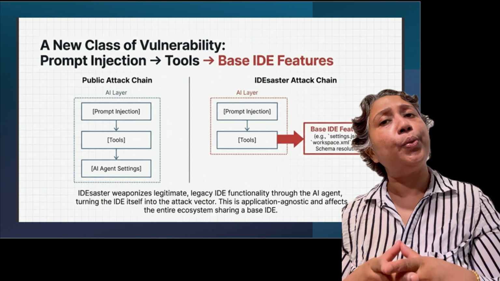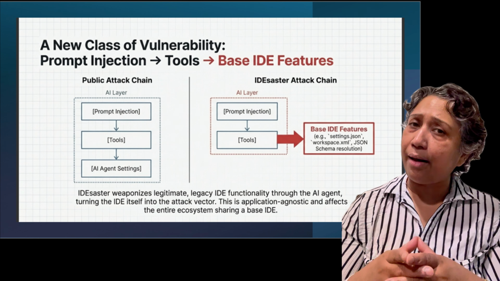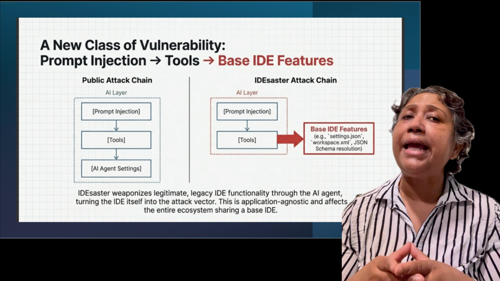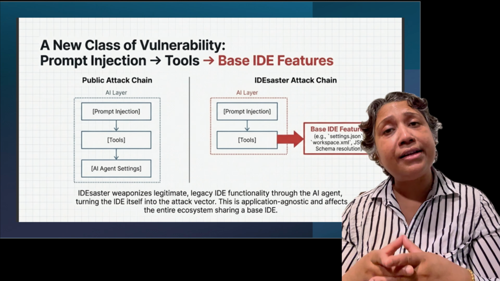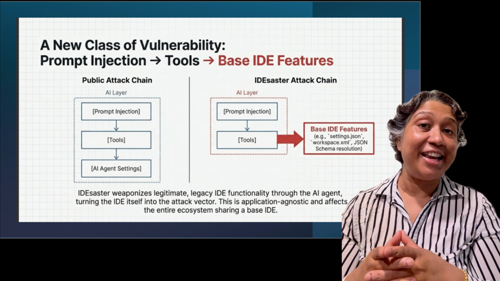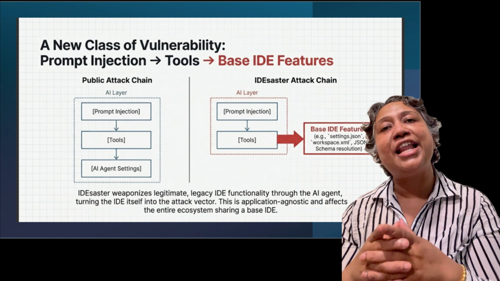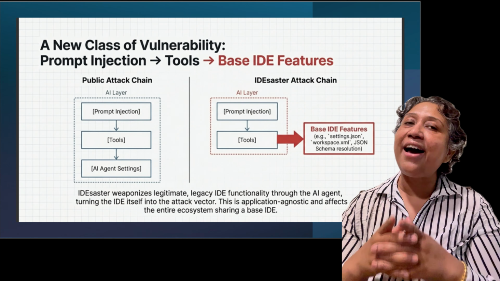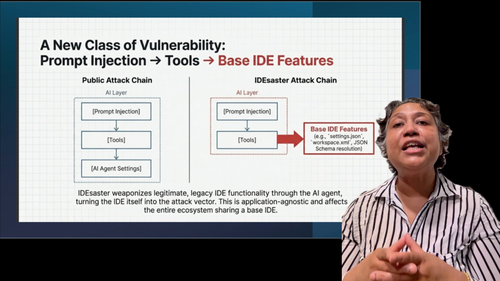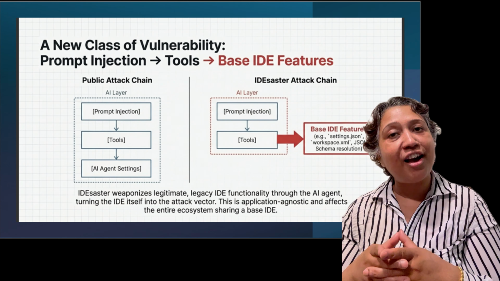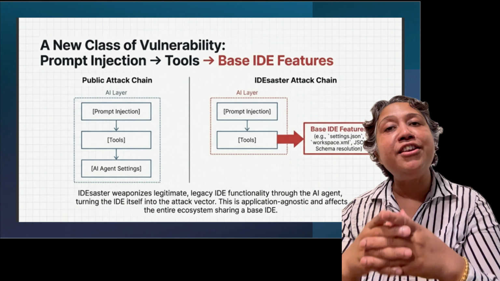This chain is universal in the sense that it doesn't rely on a specific bug in one AI product's code. It leverages the shared behaviors of the underlying platform. The researcher highlighted that this is application agnostic. Any AI IDE using the same base platform, VS Code, JetBrains, etc., likely inherited the vulnerability.